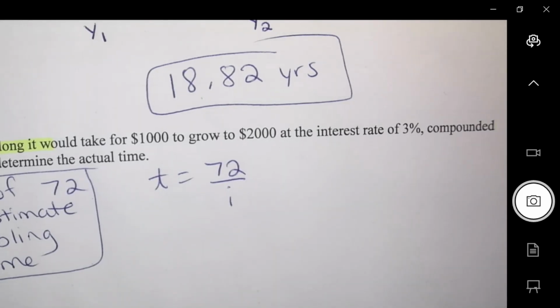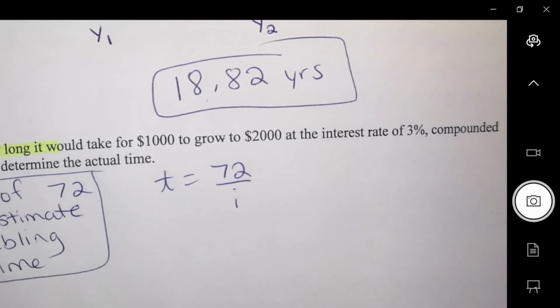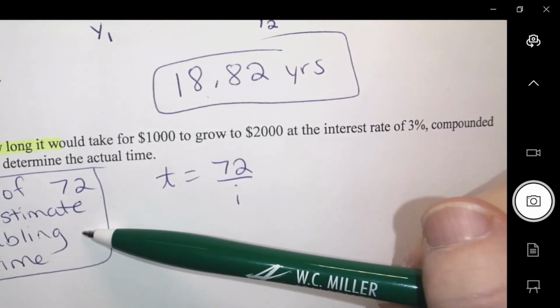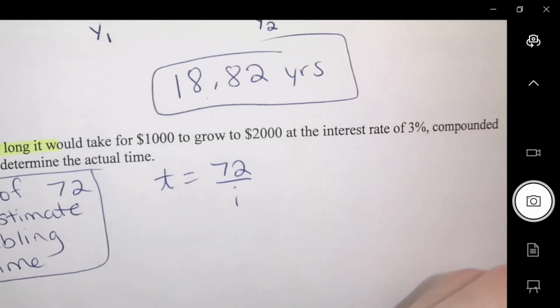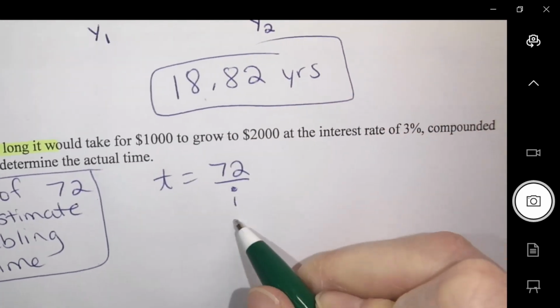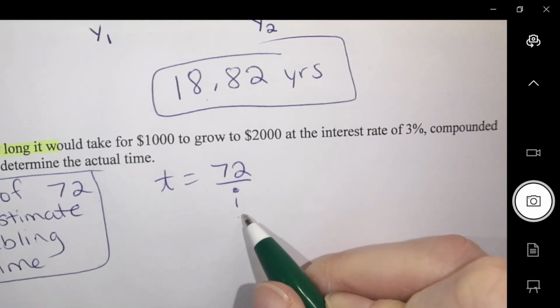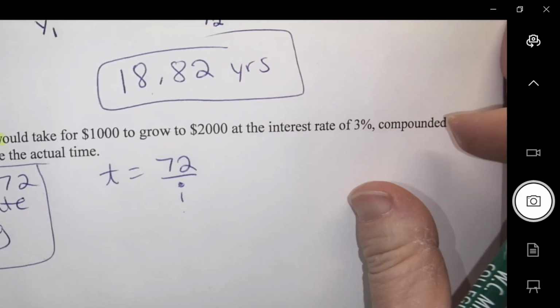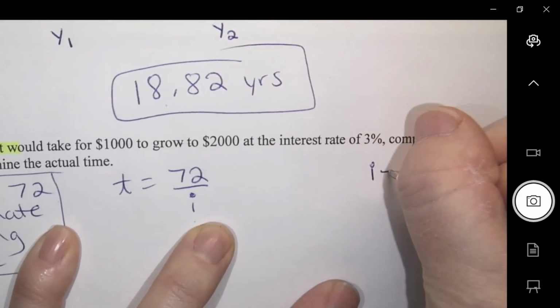So maybe you want to write that memo for yourself on your cheat sheet. Use the rule of 72 to estimate the double time. How long does it take to double money is what that is all about. When you use this formula, did you notice that it has an I, which means interest, which is just 3? So your variable I is 3.